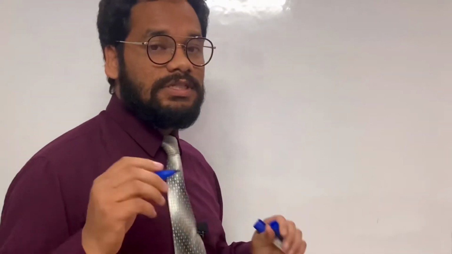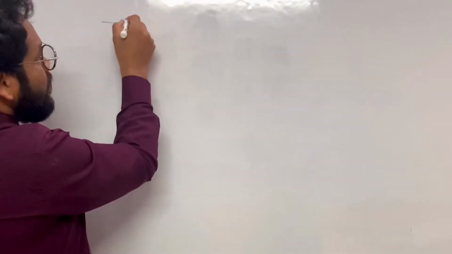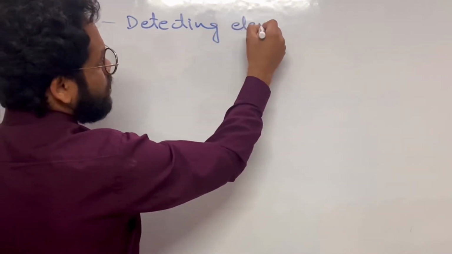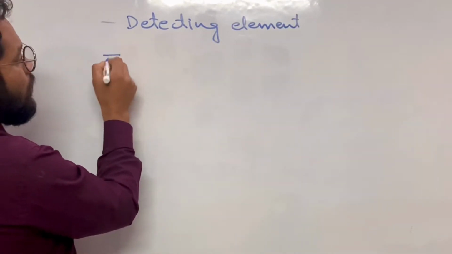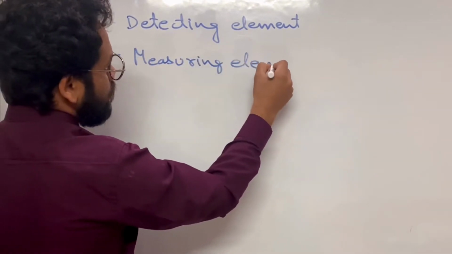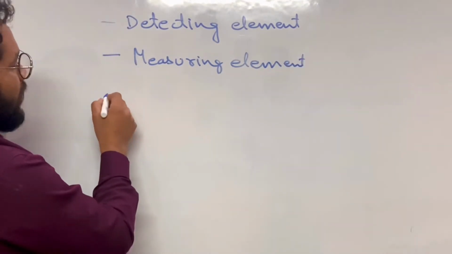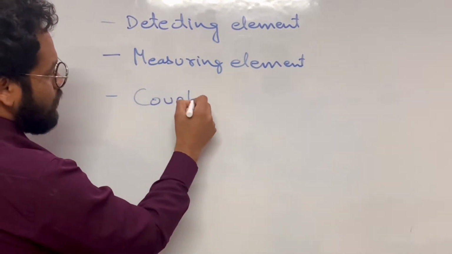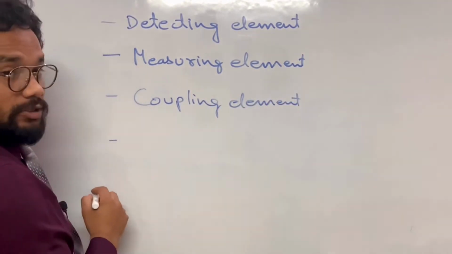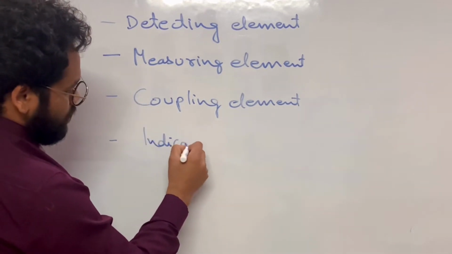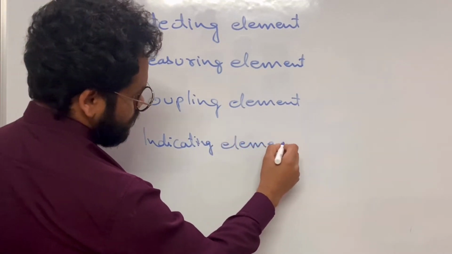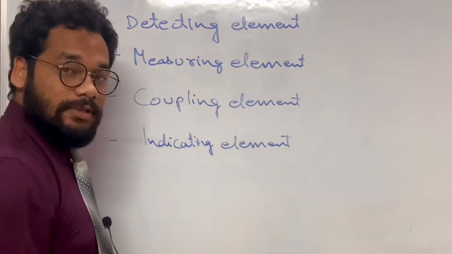These basic elements are: detecting element, measuring element, next is the coupling element, and the last one is the indicating element. So these are the four basic elements of an instrument.